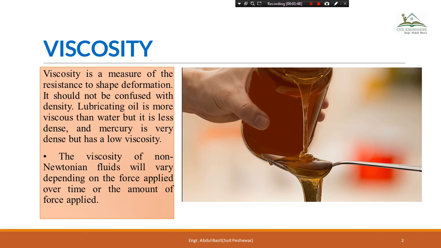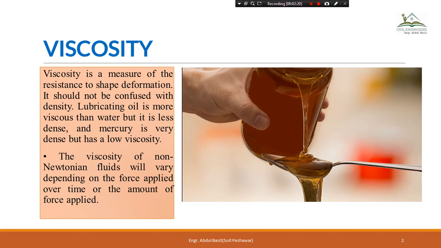So this is the property of liquids, particularly the resistance to the flow of that liquid. As I mentioned, water has less viscosity, that's why it is easy to flow, and less resistance is offered to its flow, while honey has more viscosity and it is comparatively difficult to flow.